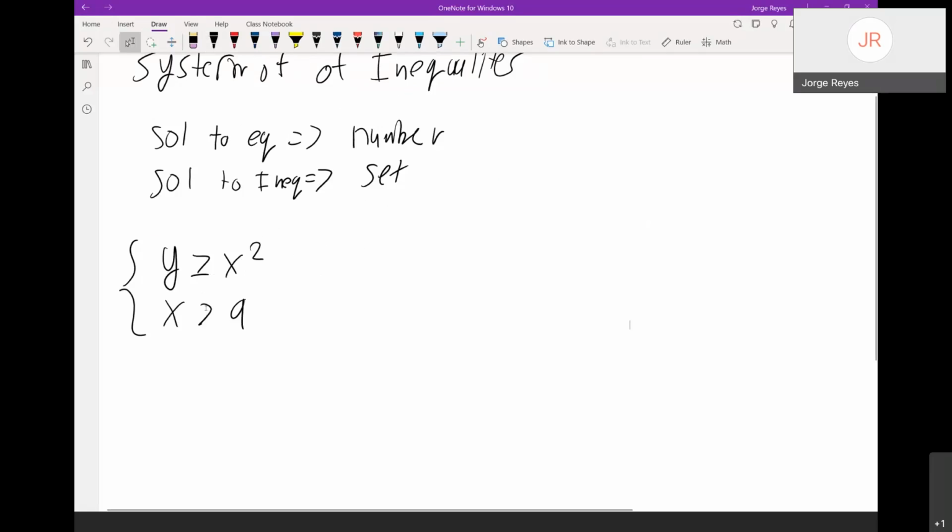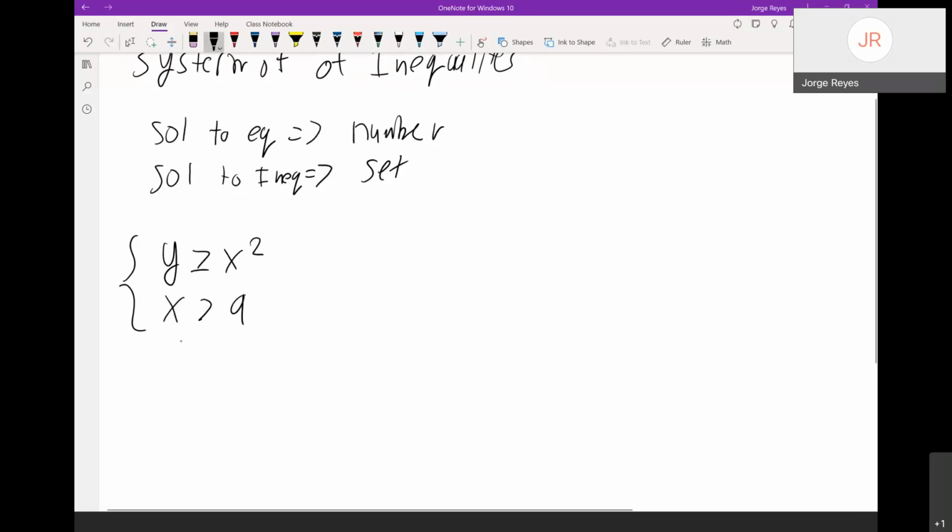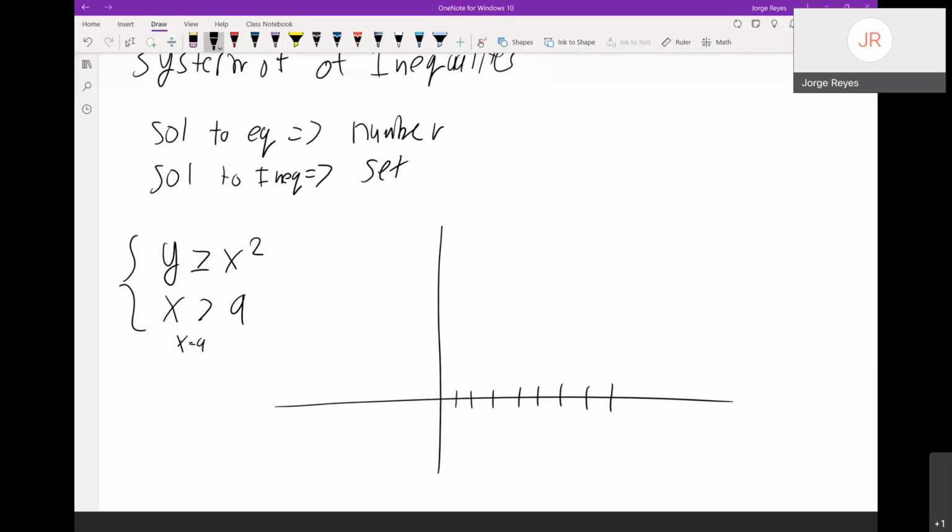So here, basically what you're going to do is draw the lines. So x equals 9, you go to 9. So 1, 2, 3, 9. So I'm going to go ahead and draw. And then you have to check: is this a less than or equal to, greater than or equal to, what kind of sign?